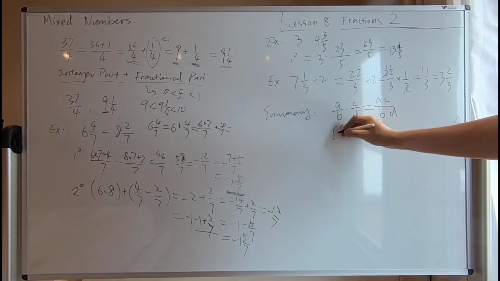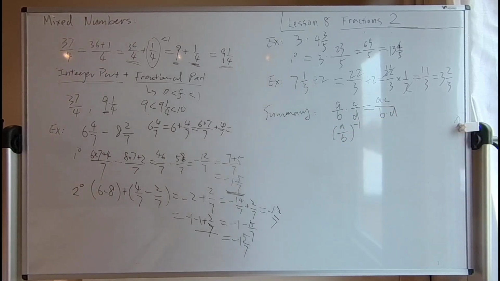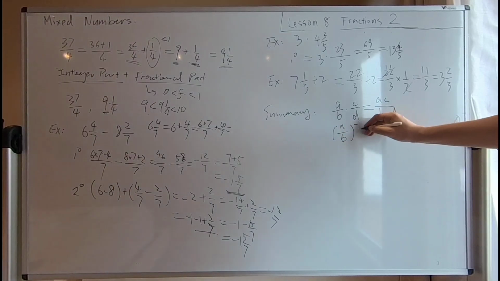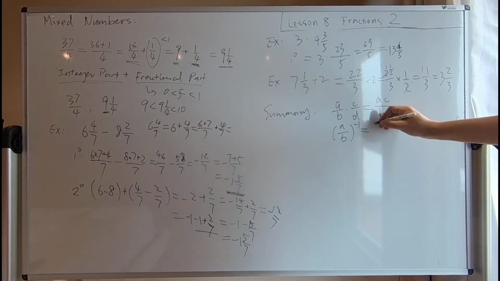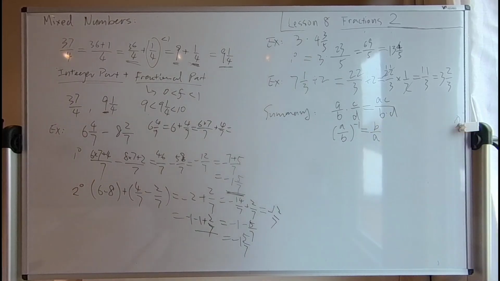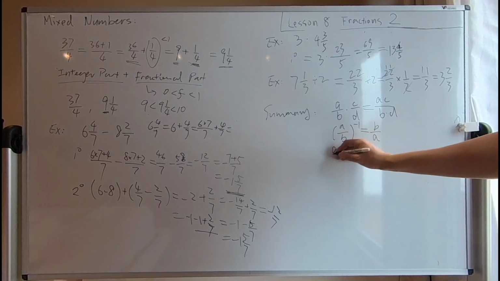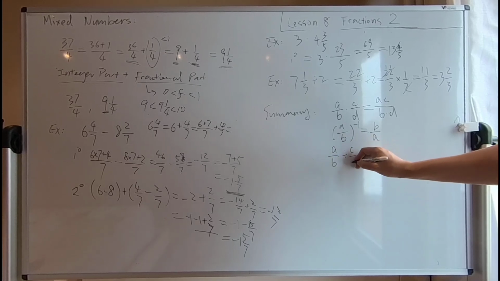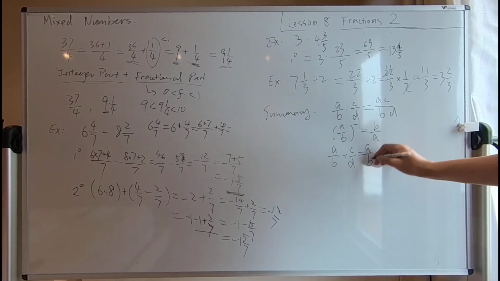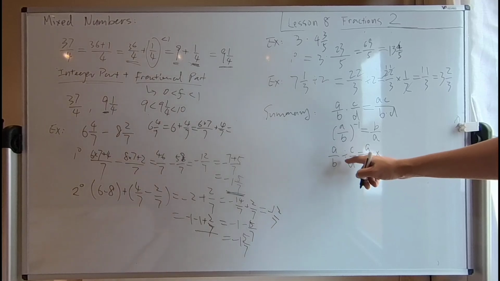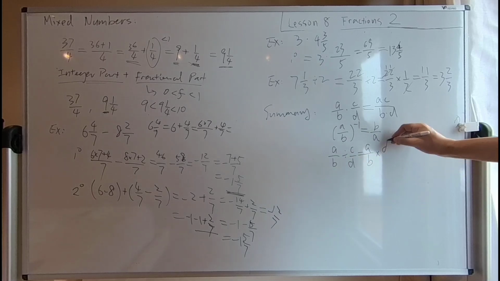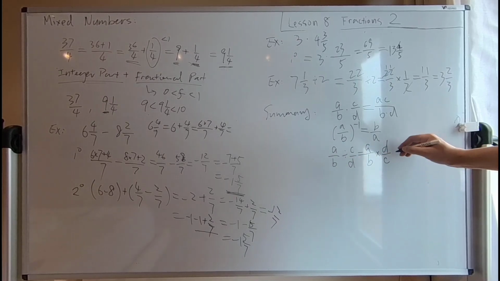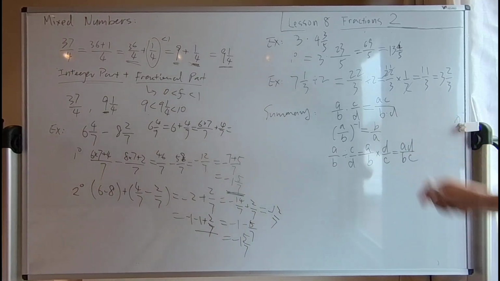And then for reciprocals, if I have a over b to the power of minus 1, that is the reciprocal of a over b, which is simply flipping it over as b over a. And similarly, if I have a over b divided by c over d, this is equivalent to a over b, because dividing by this means multiplying by its reciprocal. So this is equivalent to a over b times d over c, the reciprocal of this, and then further this is ad over bc based on the multiplication rule.